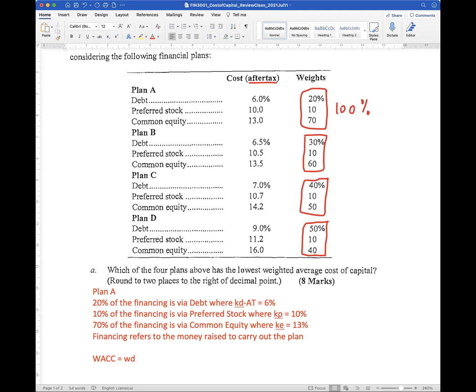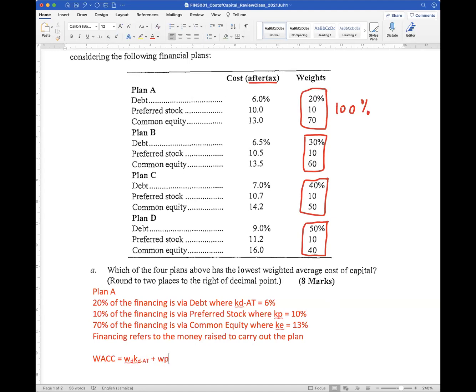WD is the weight of debt, the proportion of debt financing, so that would be the 20%, multiplied by the after-tax rate that we pay, the after-tax lending rate, plus the next one, the preferred stock.